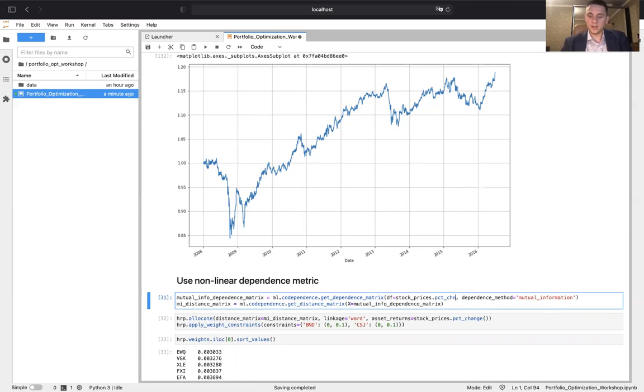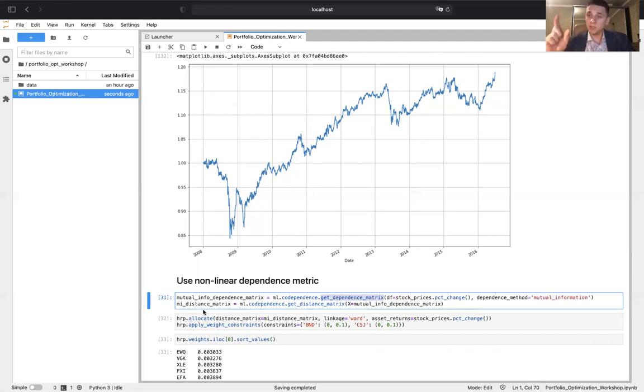We should use a data frame of stock prices percent changes, and the dependence method is mutual information. So first, we need to create a correlation matrix, which is not correlation but basically a dependence matrix, calculated by using a nonlinear dependence measure, right? We do this by applying MlFinLab's codependence get dependence matrix function.